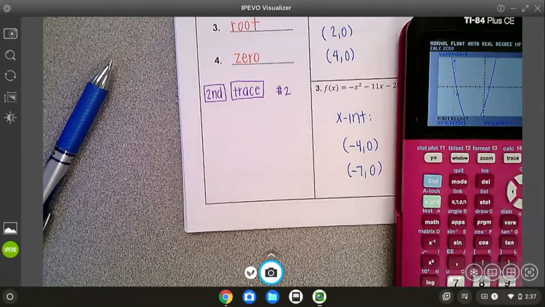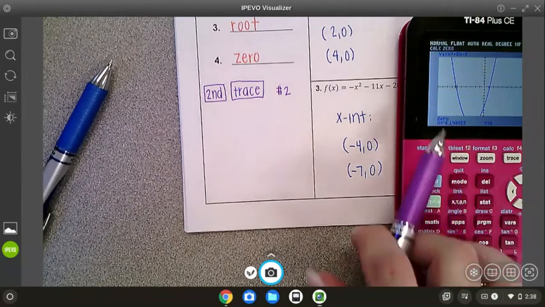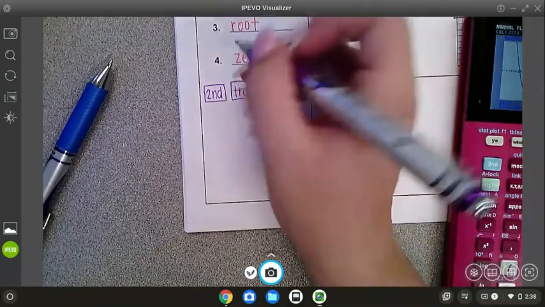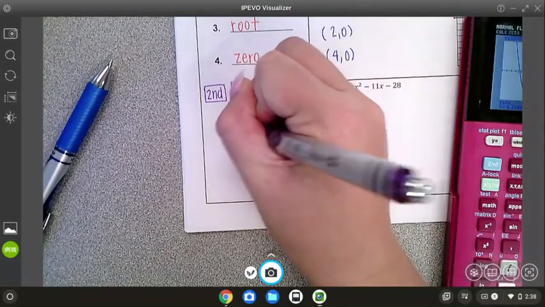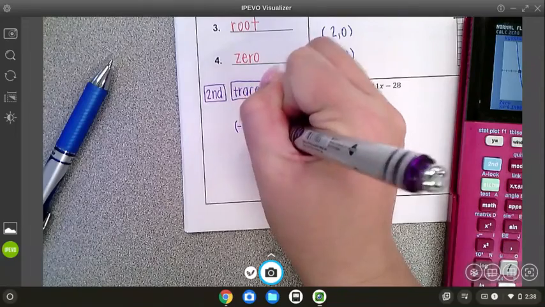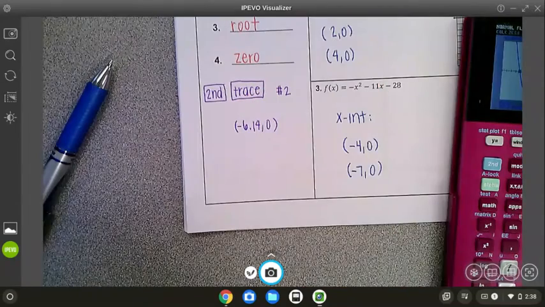I'm going to go right just a little bit and hit enter. And you should see 2 dotted lines. Your x-intercept should be somewhere between those dotted lines. If you look really closely, it is. And it'll tell you to guess. Just hit enter again. And so now I know that my x-intercept is at negative 6.140.